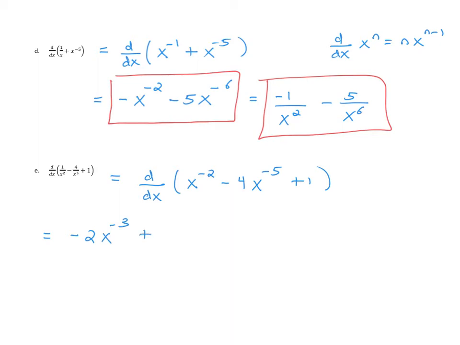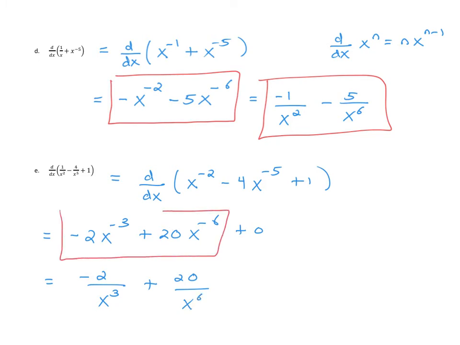I get positive 20x to the negative 6, and then I have plus 0 at the end. Of course, we could rewrite this so the exponents are positive, and it would look like this. And so either of these answers are fine. This one or this one.